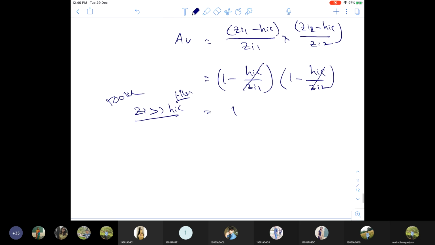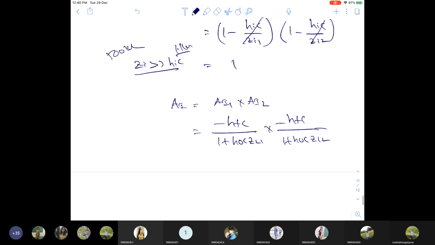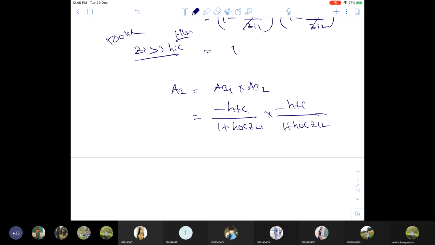Okay. Now the current gain is equal to AI1 into AI2. So this is minus HFC by 1 plus HOC into ZL1 into minus HFC by 1 plus HOC into ZL2. Here also HOC is very low, 25 microamperes.